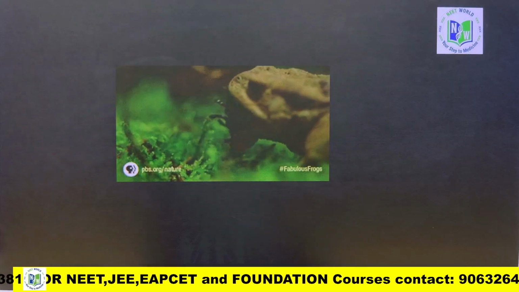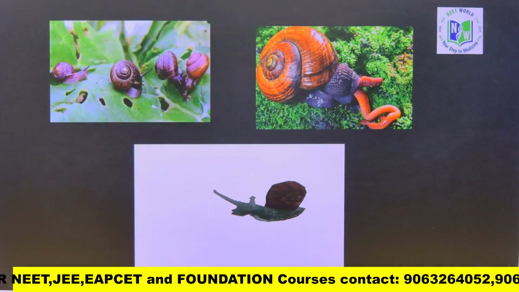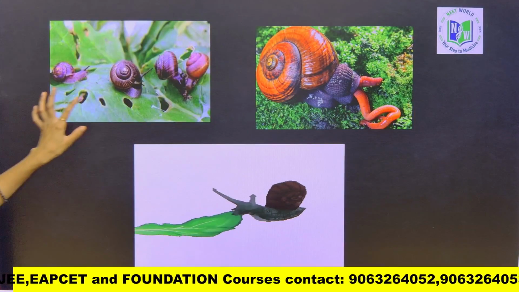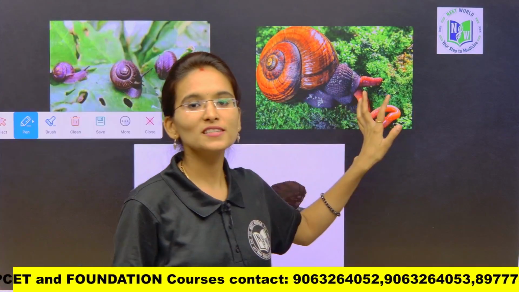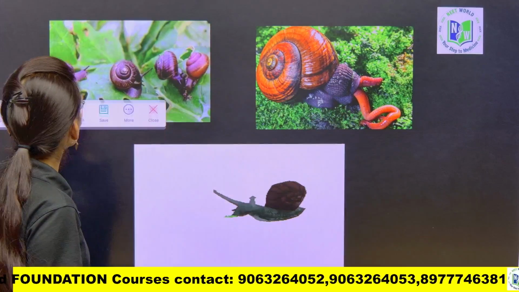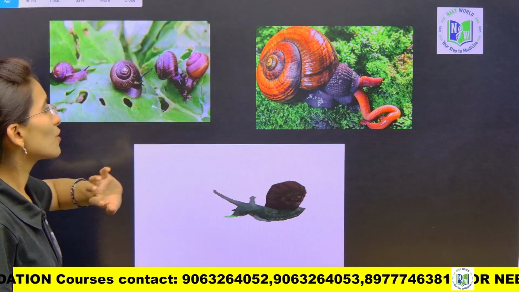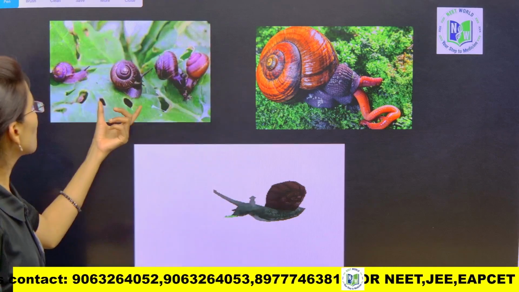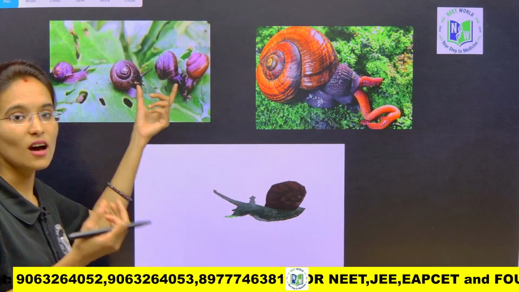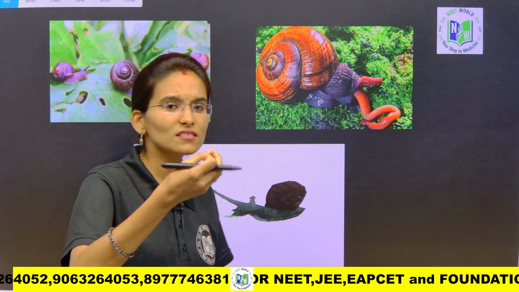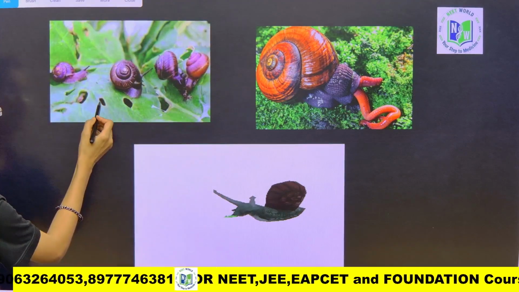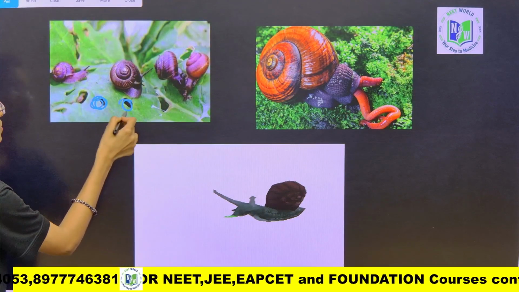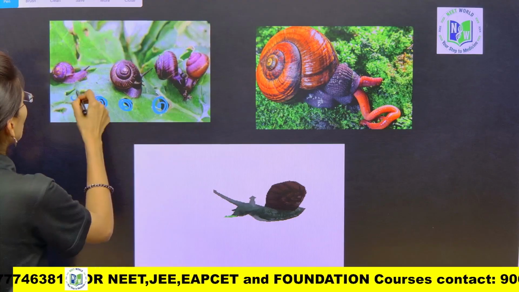And next, if you see here, what are these? These are the snails, right students? So the snails are of two types, herbivores as well as carnivores. The snails which are herbivores eat just the leaves, can you see now? They eat only plants.